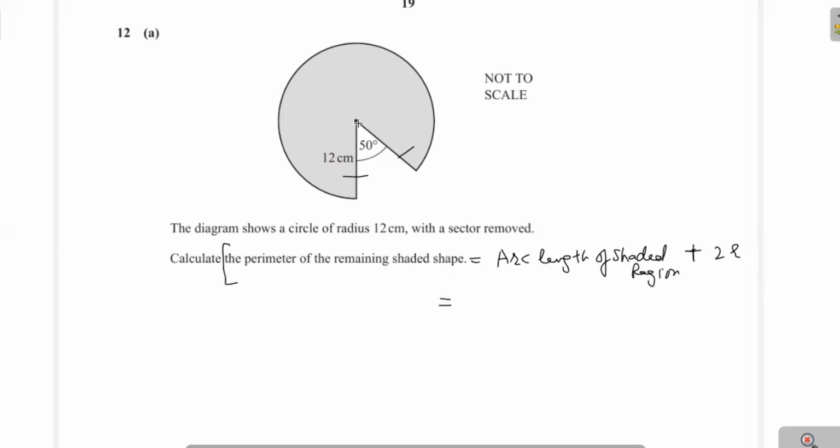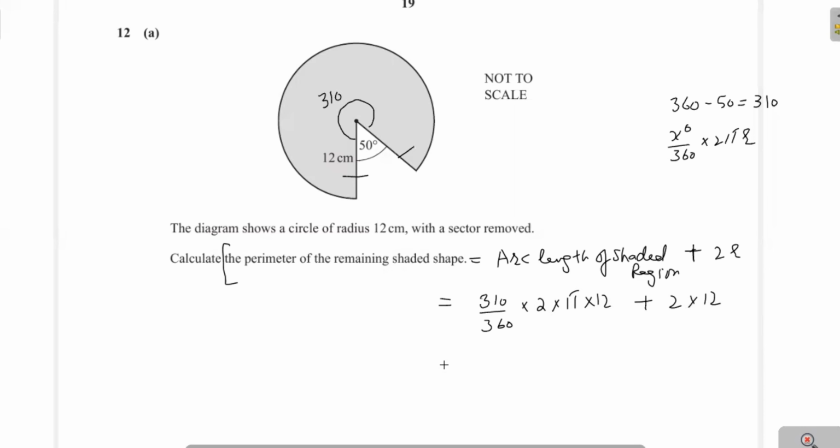You see here the arc length is equal to x degree over 360 multiplied by 2πr. Here the angle of this shaded region is 360 − 50, which equals 310. Therefore, the arc length will be equal to 310 over 360 multiplied by 2 multiplied by π, and the radius is 12, plus 2 into 12.